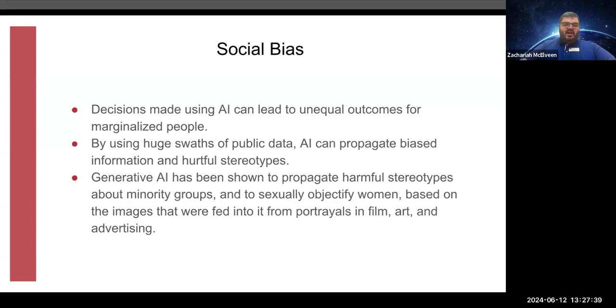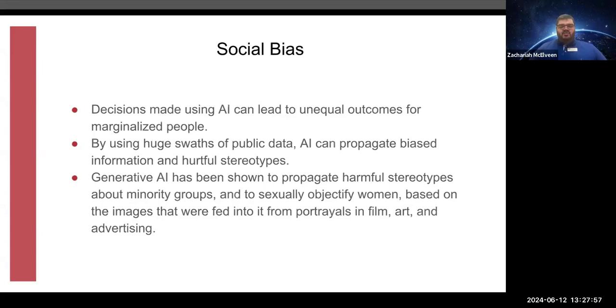Generative AI has been shown to propagate harmful stereotypes about minority groups. It's been shown to sexually objectify women when producing writing or art based on the images that were fed into it from portrayals in film, in art, and in advertising.